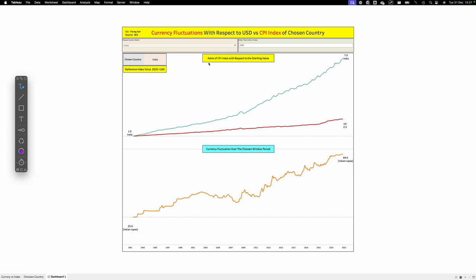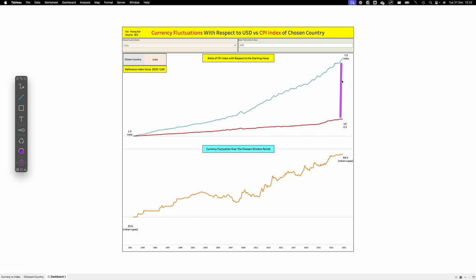So this curve that you are seeing right in front of you is a measure of Indian inflation, and this is the measure of US inflation. Now you can see the gap between these two inflations. This is the gap.